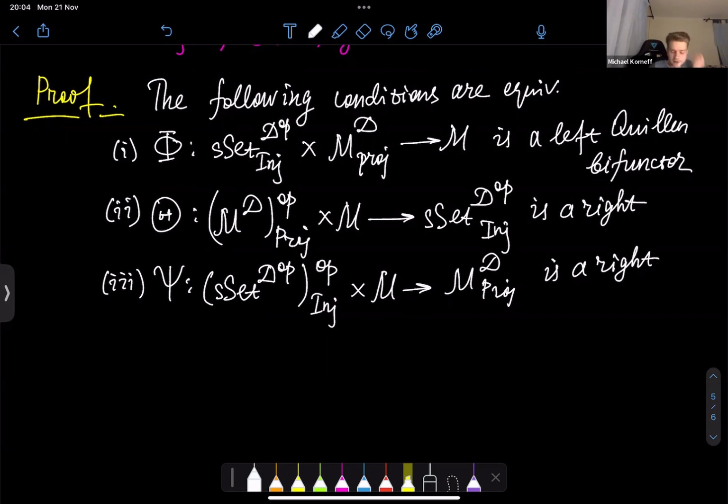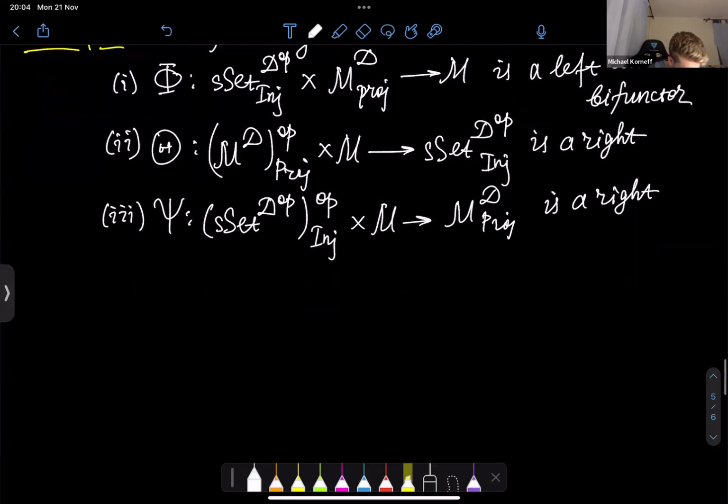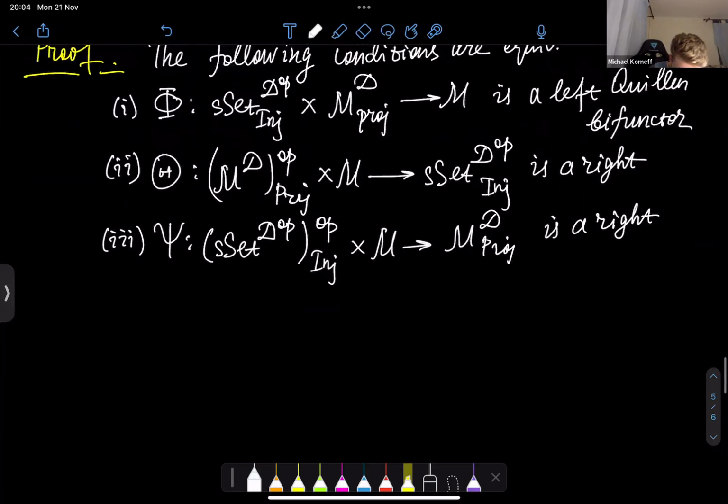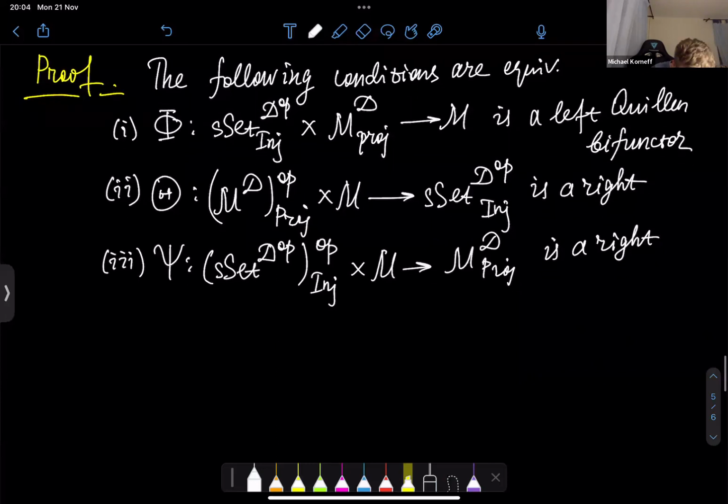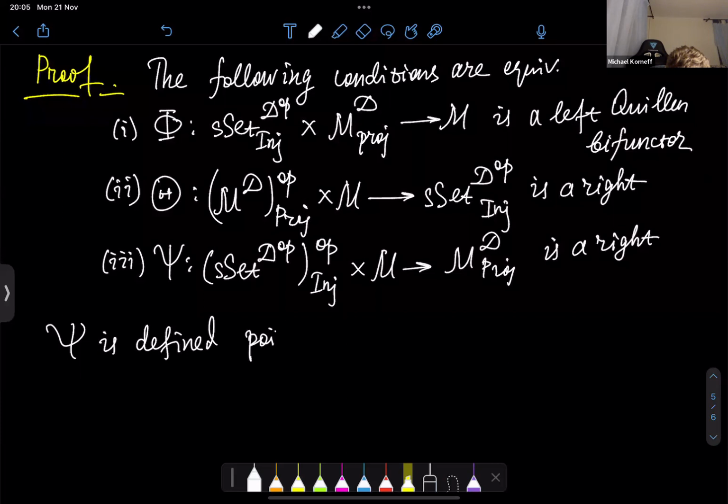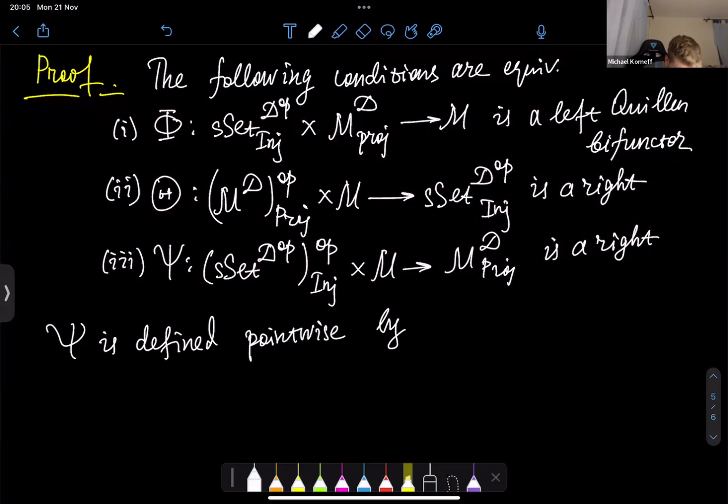Okay, but we know that M is a simplicial model category. So we know the following holds: psi is defined pointwise by cotensor products.